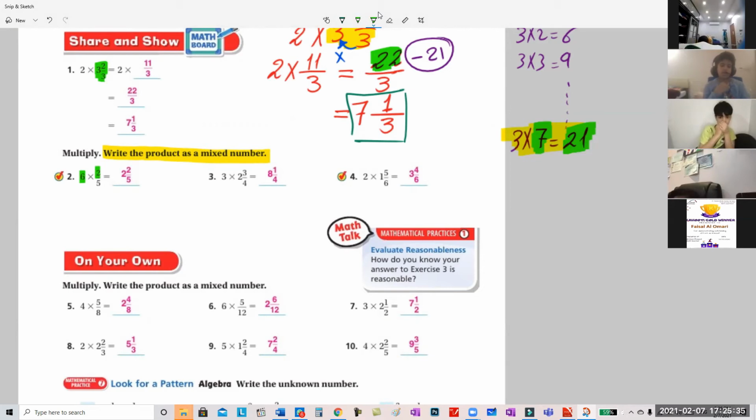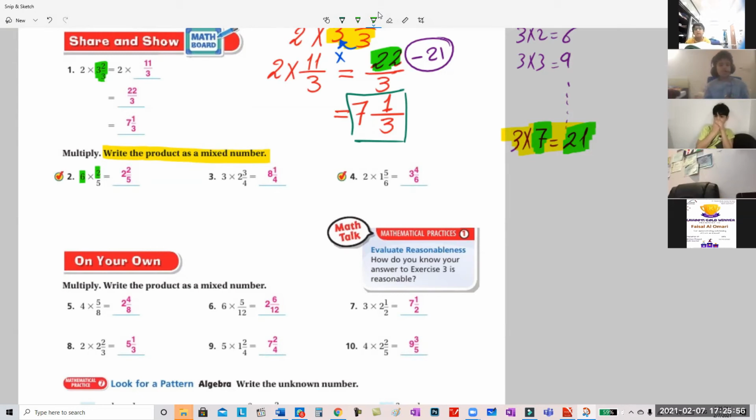If you see a mixed number, you have to do step 1: convert the mixed number into a fraction. But here it's already done, we have a fraction, so start with step 2.